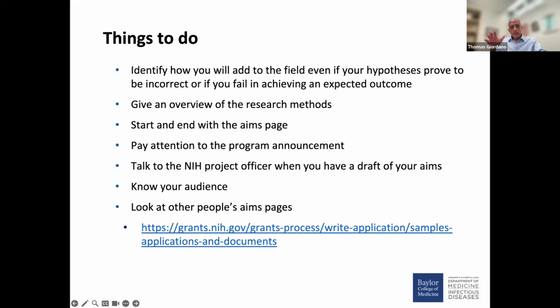There's nice diversity of methodologies and kinds of grants, from R03s to R01s to Ks. So take a look at those, and you'll get a sense. These are all publicly available examples that the investigators have agreed to post on the NIH website. So take a look at them, and you'll get a sense of what a good Aims page looks like.